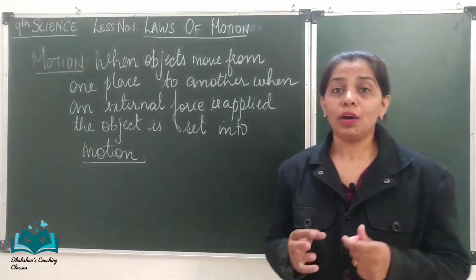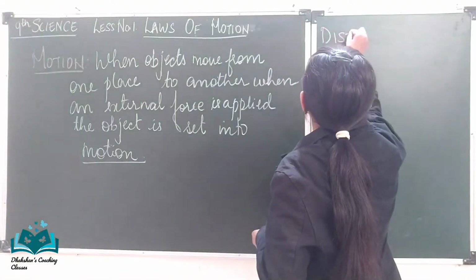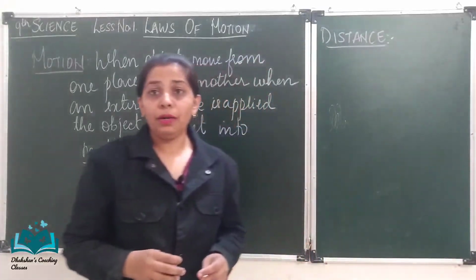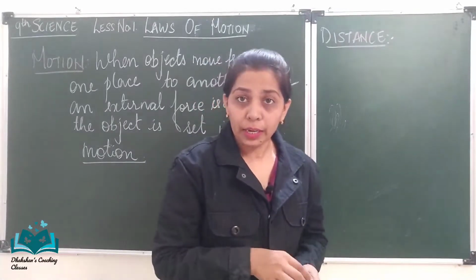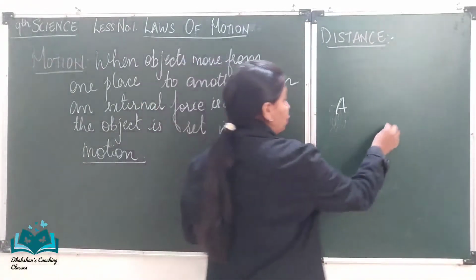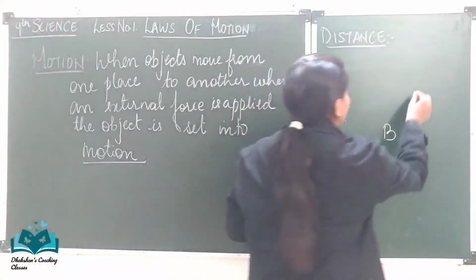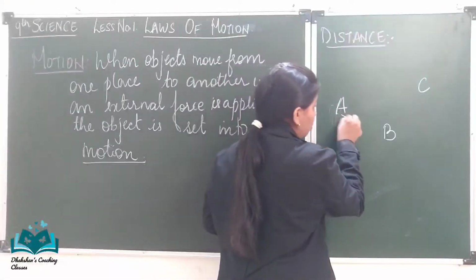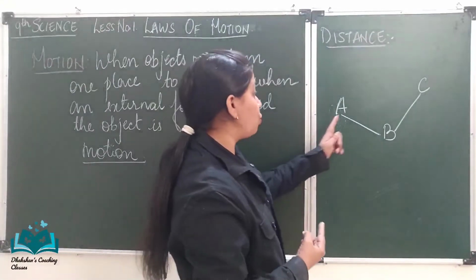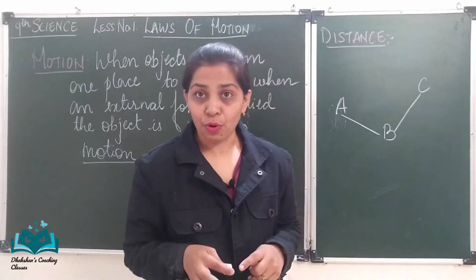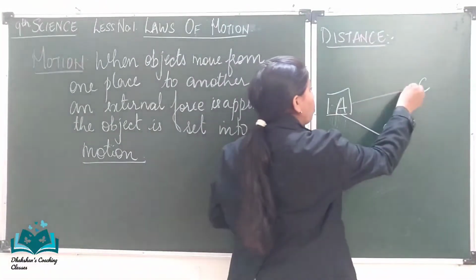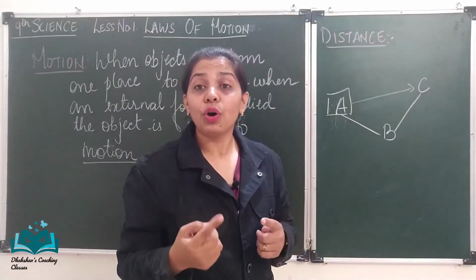Now when I talk about distance, now for example, from the position A, I travel to position B and then I travel to position C. So this is the actual path that I take to move to position C. My situation was, I was at position A and wanted to go to position C. I could have gone this way also, but that was not possible.